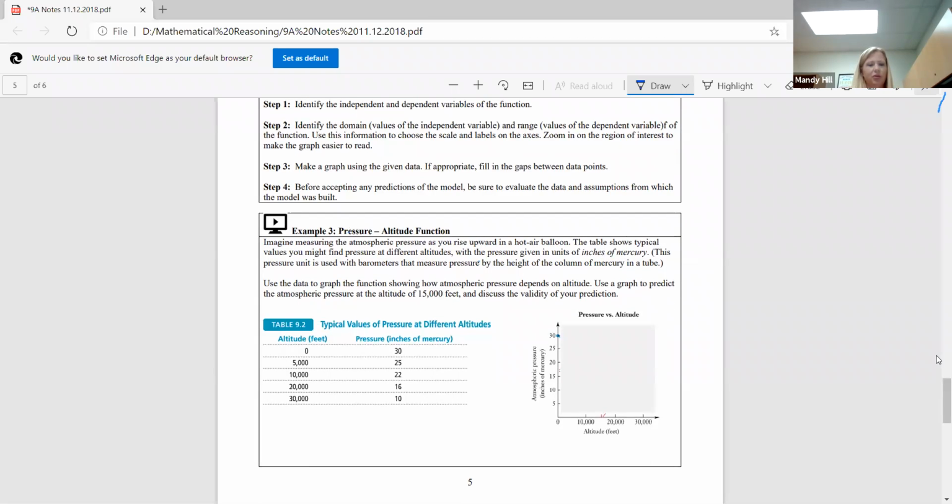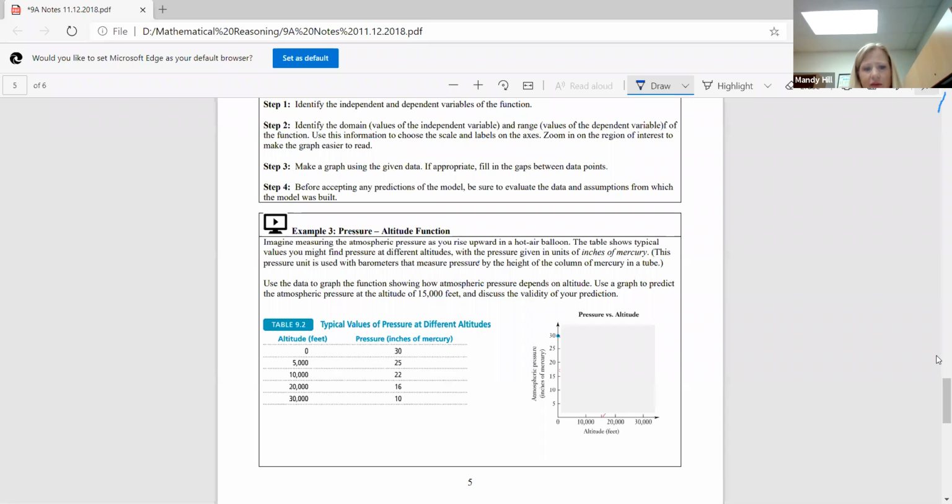It says, imagine measuring the atmospheric pressure as you rise upward in a hot air balloon. The table shows typical values you might find for pressure at different altitudes, with the pressure given in units of inches of mercury. This pressure unit is used with barometers that measure pressure by the height of the column of mercury in the tube.